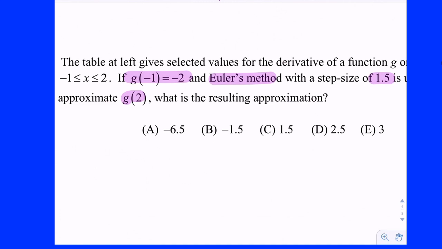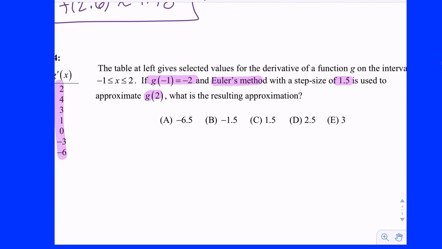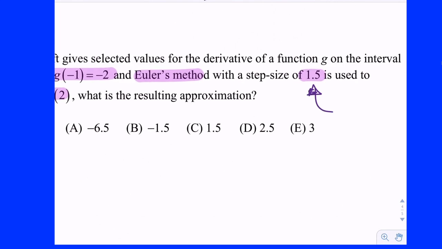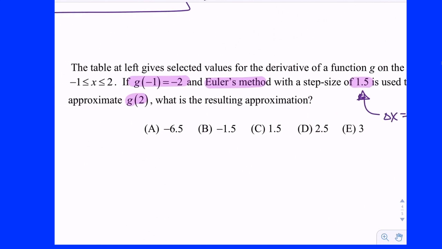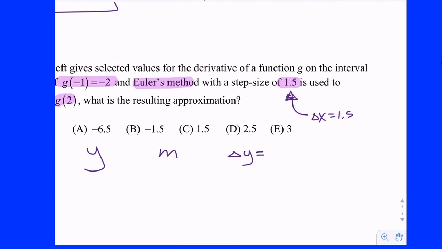Very nice. Now, in this case, notice, instead of being told how many steps of equal size to use, they give you the step size. It's positive 1.5. So that's your delta x. Delta x equals 1.5. We're starting at the point -1, 2. So if you want to do your x, y, m, delta y, which of course equals m times delta x.